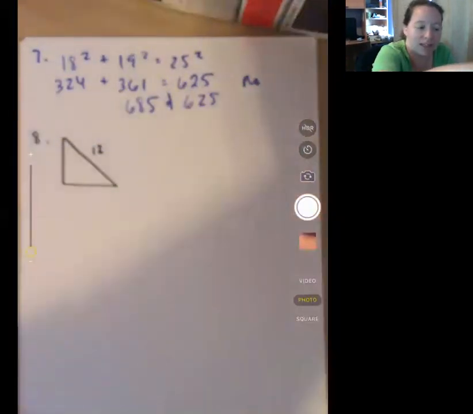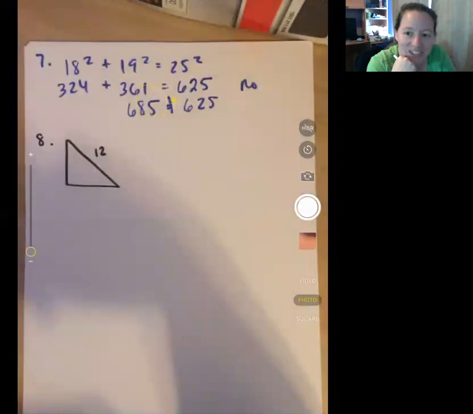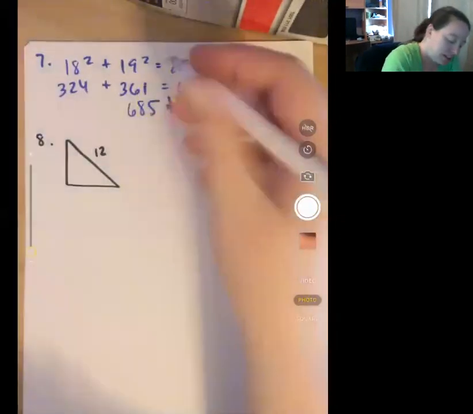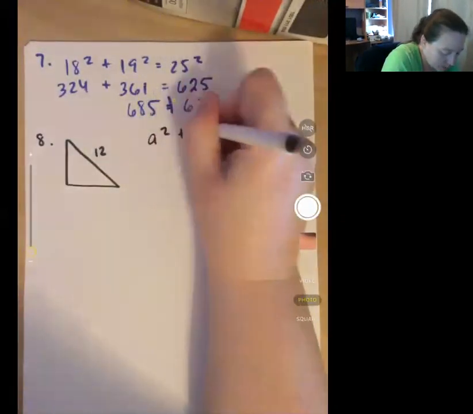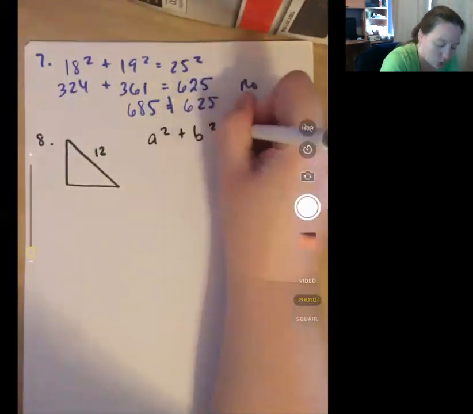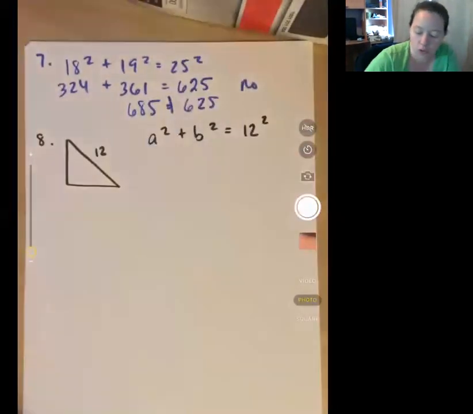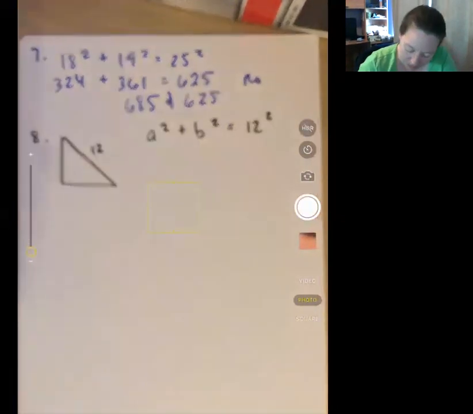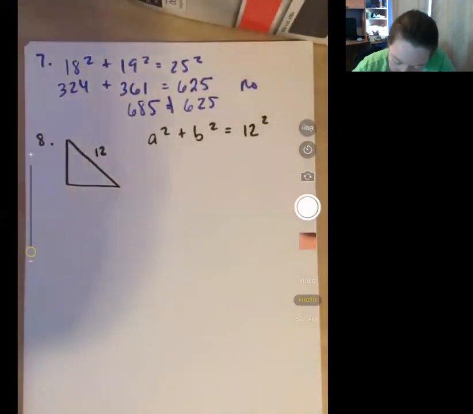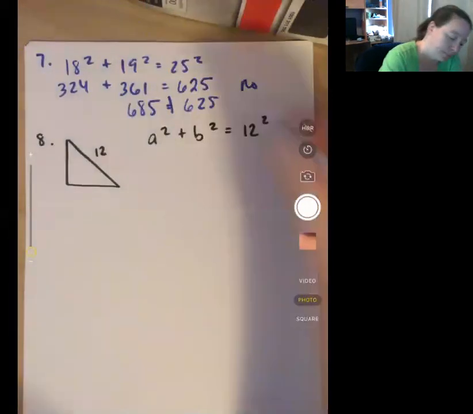So this is going to have to be a little bit of a guess and check, kind of. So I know it is a squared plus b squared is equal to c squared, which in this case is the 12. So 12 squared is 144.